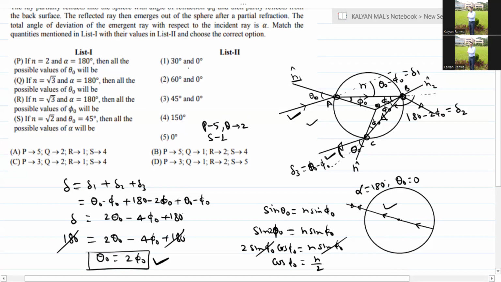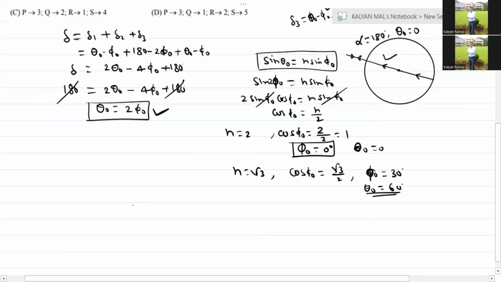In S, if n equals root 2 and theta naught equals 45 degree, here the alpha value is not given. Directly calculate using Snell's law formula. Then we find the possible value of alpha. So in these options, we need to calculate the value of alpha if theta naught is already given and the refractive index is given.